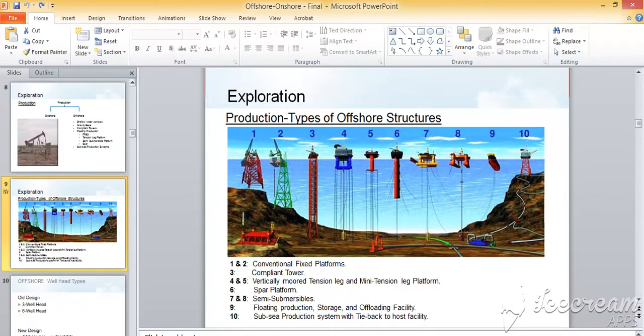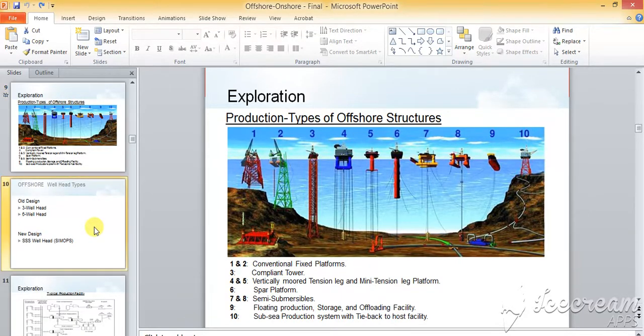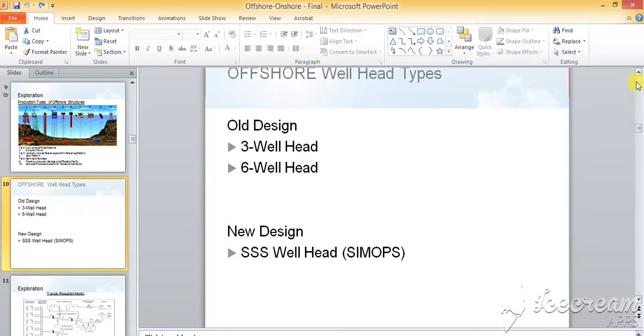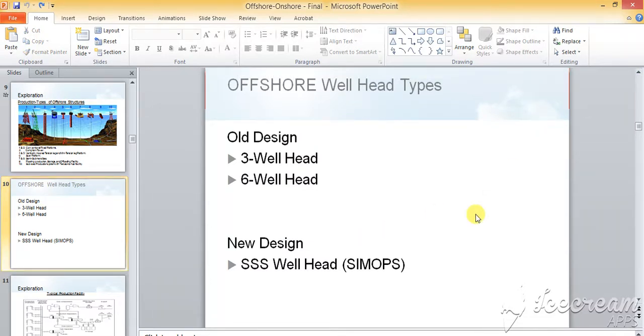If we go to the next slide, here come the offshore wellhead types. Basically offshore wellhead types are of three, or the old design is of two types. It was 3 wellhead, 6 wellhead, and some of them were single wellhead or 8 wellhead.